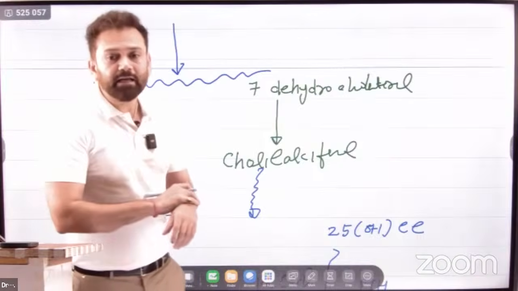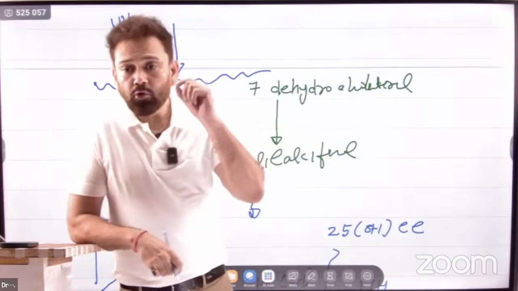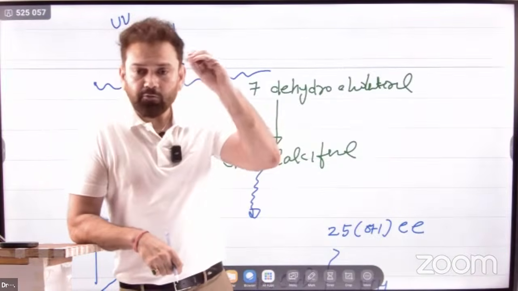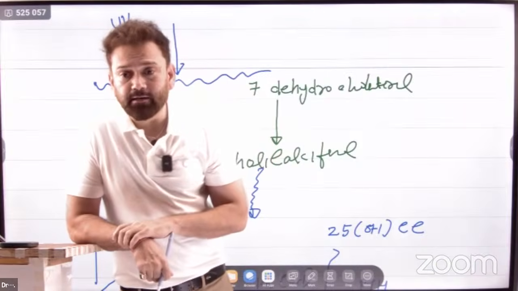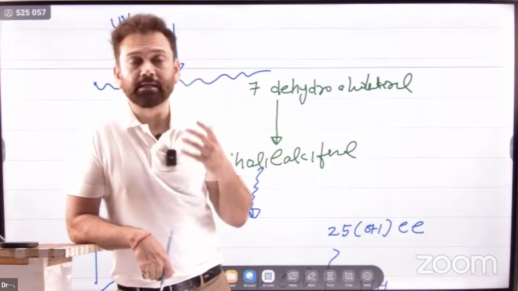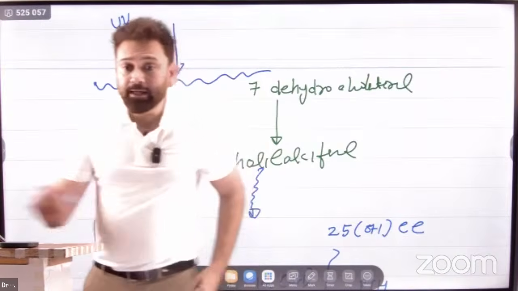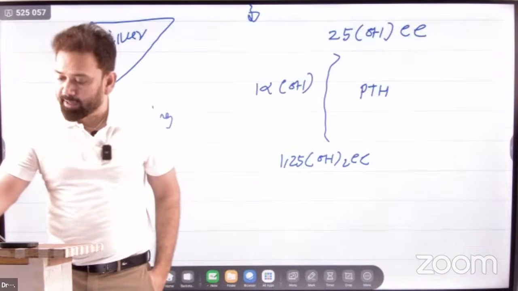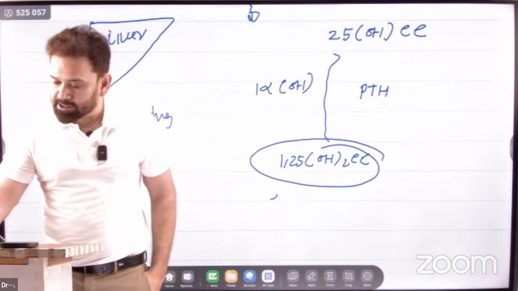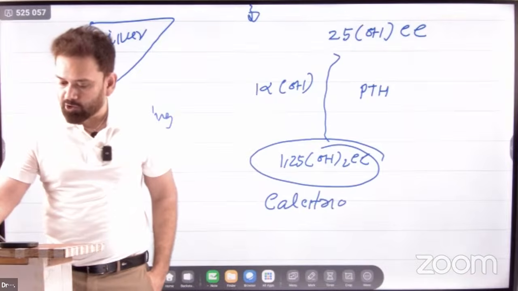Our skin has 7-dehydrocholesterol. When ultraviolet rays fall on our skin, it gets converted into cholecalciferol, then 25, and then 1,25-dihydroxycholecalciferol. This is actually the main hormone, and it is called calcitriol.